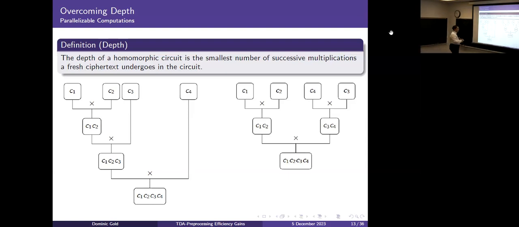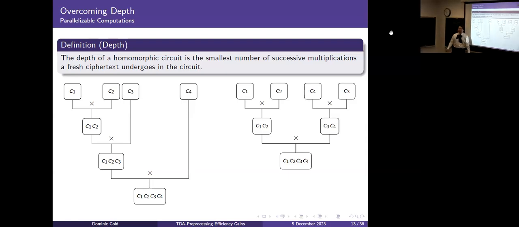So let's look at this little tree here. Imagine we want to get the product C1, C2, C3, C4. If you did it sequentially, you would have a total of 3 multiplications and a depth of 3.